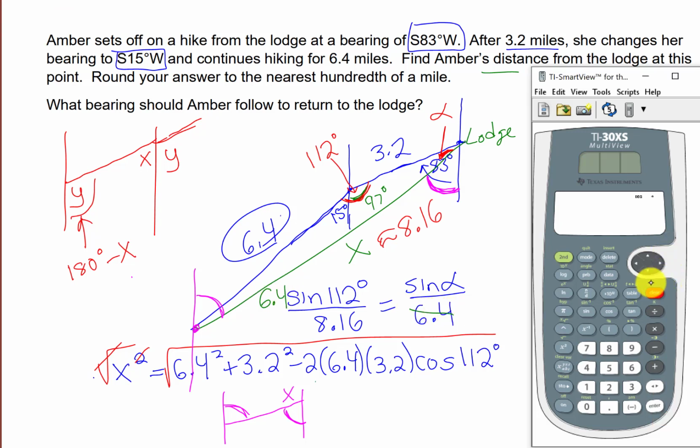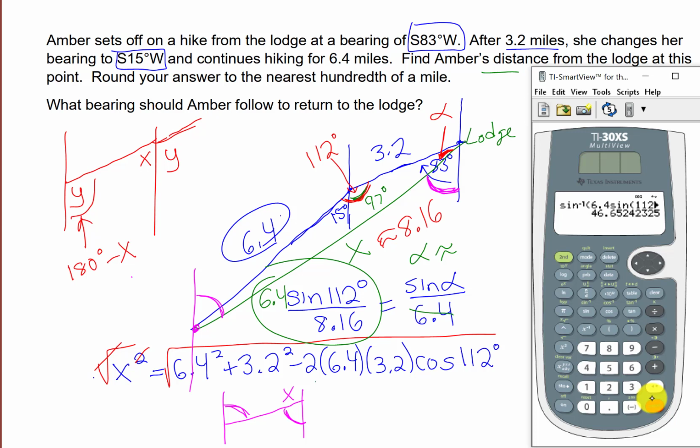And now I'm ready to get the calculator. In order to find alpha, I'm going to do inverse sine of this stuff right here. So we got inverse sine of 6.4 sine of 112 divided by 8.16. I'll finish the parenthesis there.